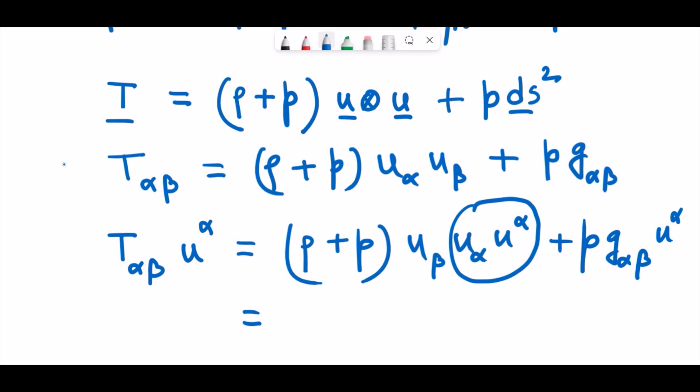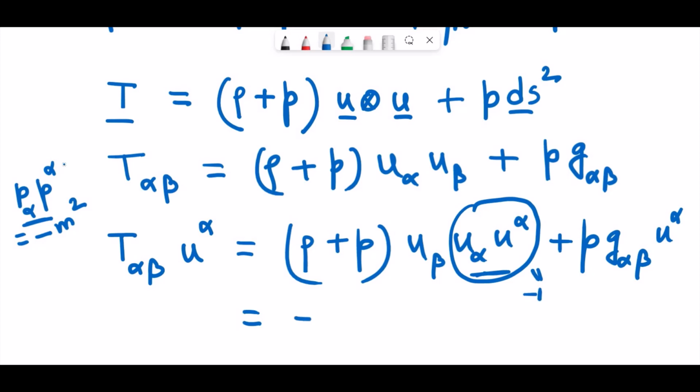This is precisely the magnitude of the full velocity of a particle, and we know that p alpha p alpha is equal to negative m squared, and this quantity here is precisely this quantity divided by m squared, so this is going to be -1.